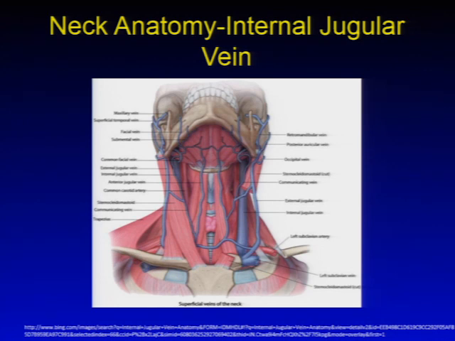In this illustration, you can see the internal jugular vein and its relationship to that triangle, with the vein being deep to the sternocleidomastoid. Here you can see the sternal head, and here is where the clavicular head would insert.